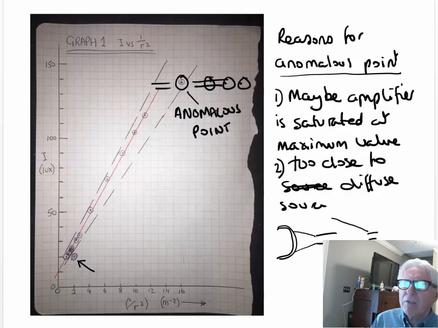So I could be going from one mathematical mechanism to another as I get too close. 35 centimeters is still a long way away. I'm not convinced about that. If it was 10 centimeters, I'd be much more convinced.